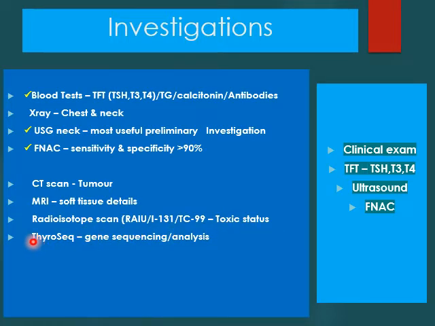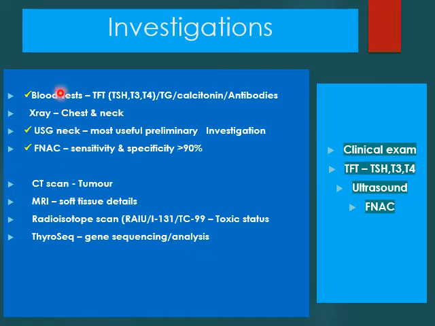And then some new investigations include genetic sequencing known as the thyroid sequencing test. This is for analysis of the genes in the tissue, and this is done mainly in specialized centers to determine whether it's malignant or benign.